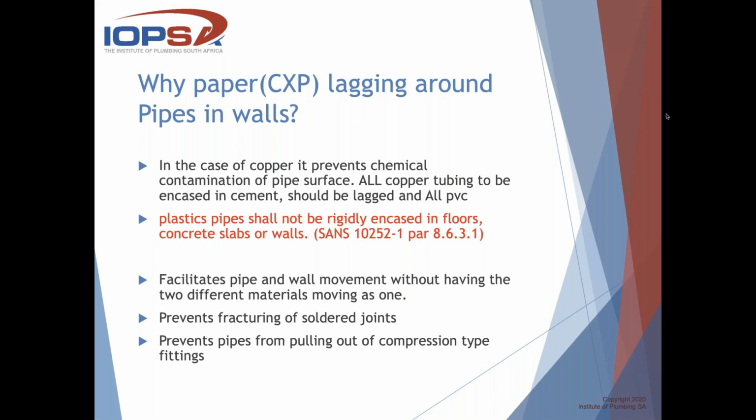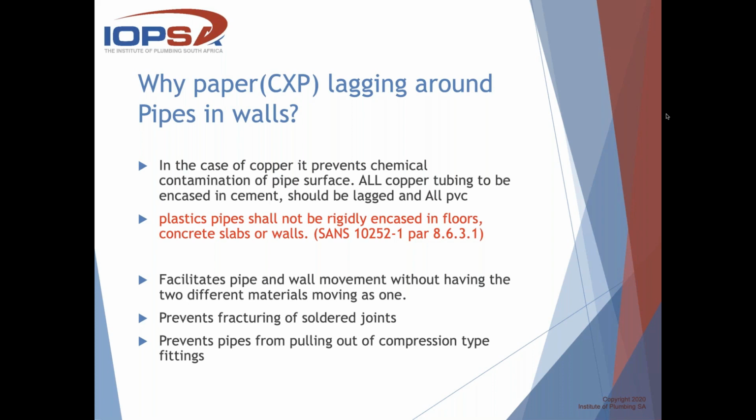In the case of water pipes like PEX piping, speed fit pipes, the Ginder pipes, all those have to be lagged as well, because you want it to prevent it from moving with the wall and the fitting. So it facilitates pipe and wall movement without having the two different materials moving as one. It prevents fracturing of solder joints and other joints, and it prevents pipes from pulling out of compression type fittings and the crimp fittings as well. So you want it to be able to move.